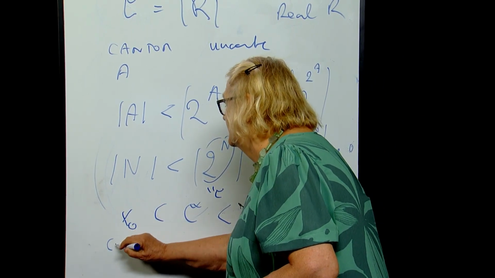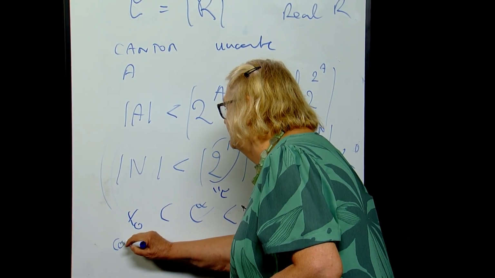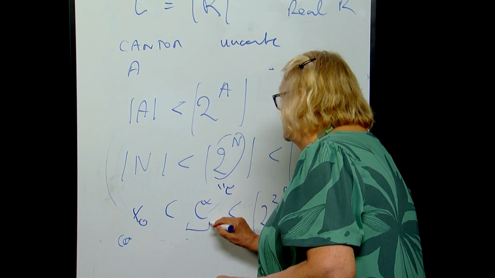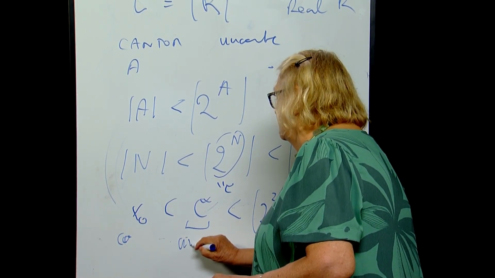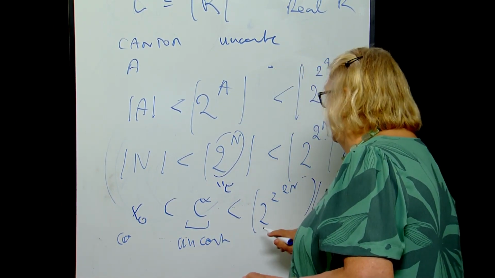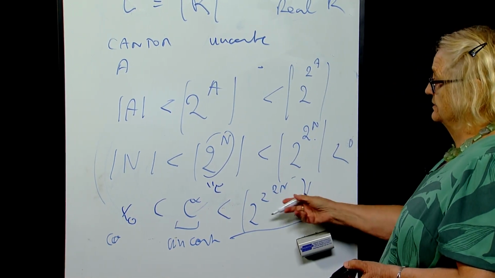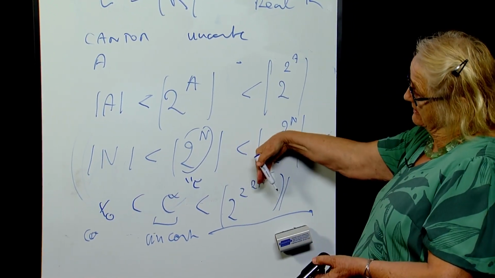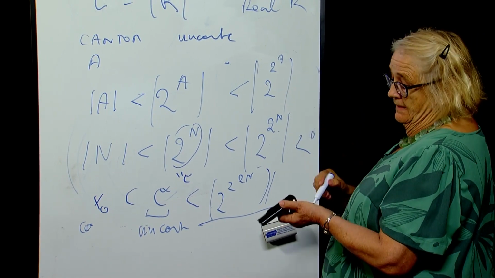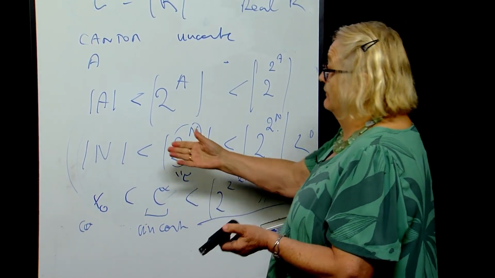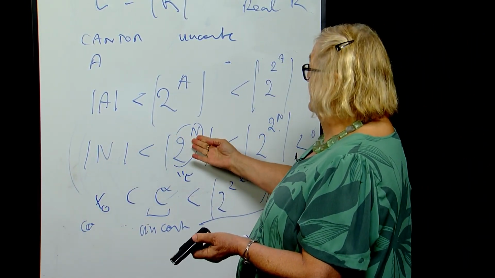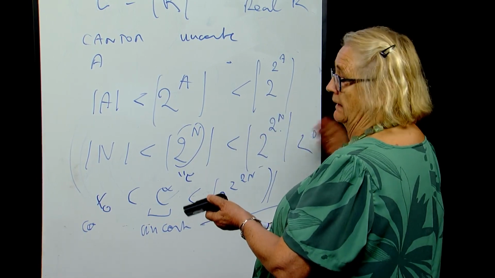And this is infinitely countable. This is uncountable. And here, all those sets are uncountable. So you can see that you have a countable set, uncountable, and uncountable, and uncountable.